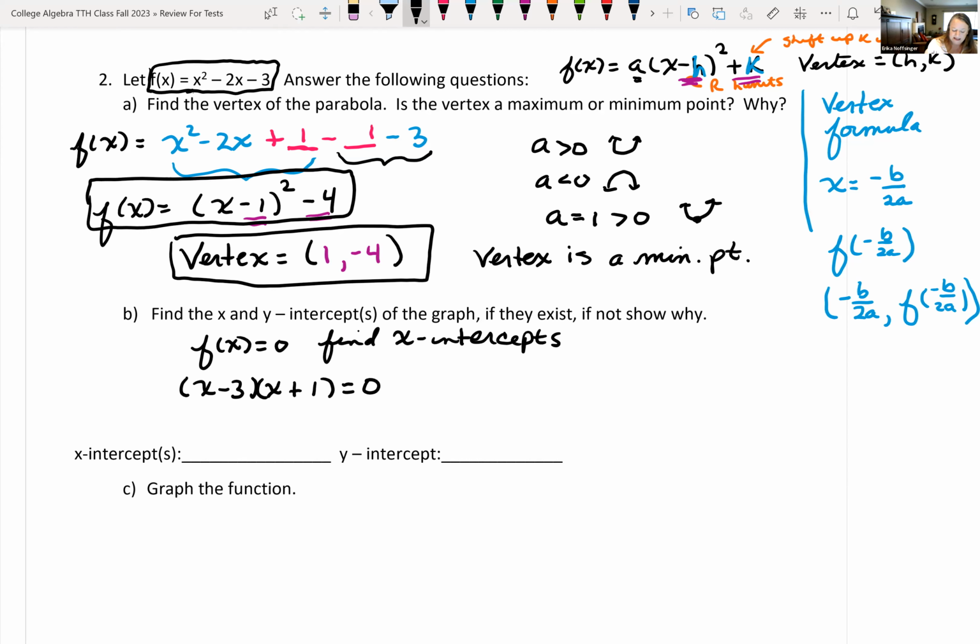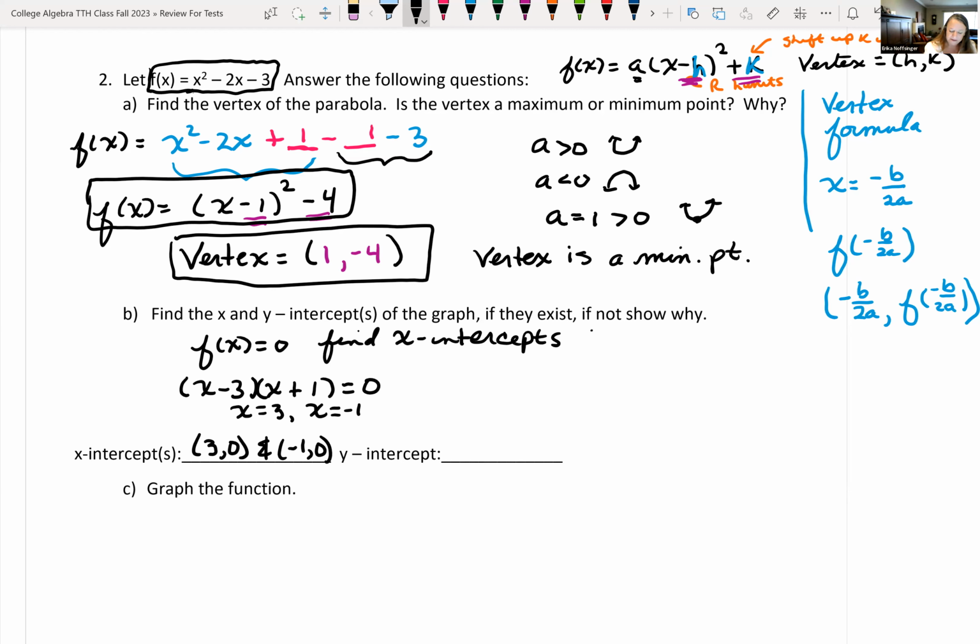And so I can see that my x-intercepts are going to occur when x is equal to 3 and x is equal to -1. So it doesn't state to put the point, but I'm going to put the point. So that was (3, 0) and (-1, 0). But because it didn't state to put the point, you could have just said x equals 3 and -1.